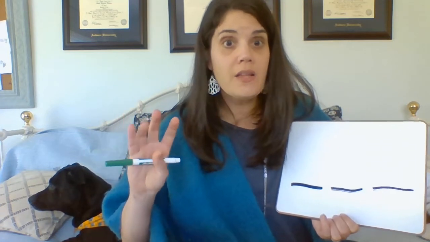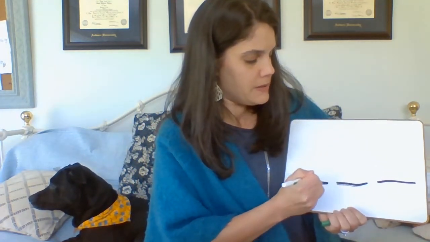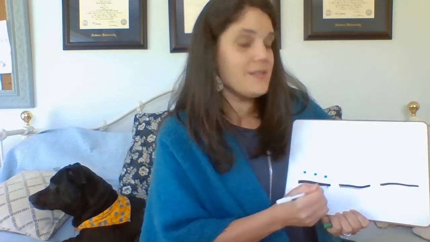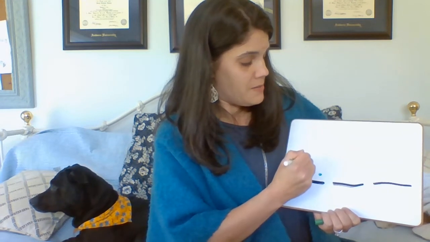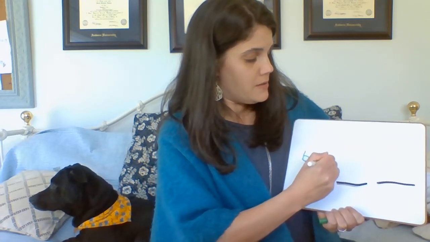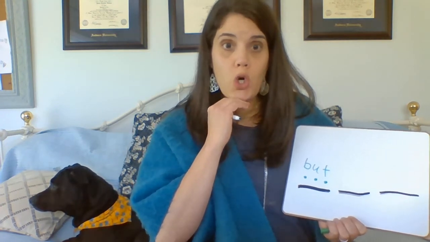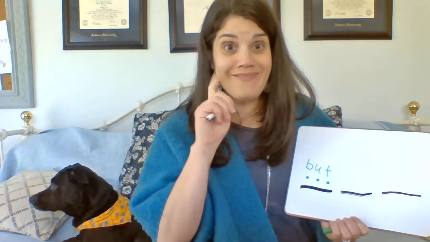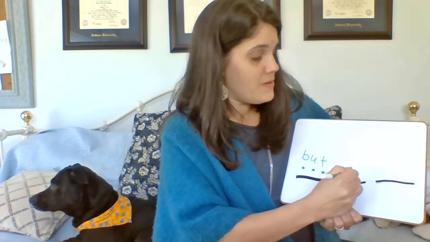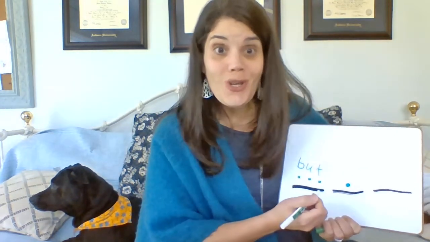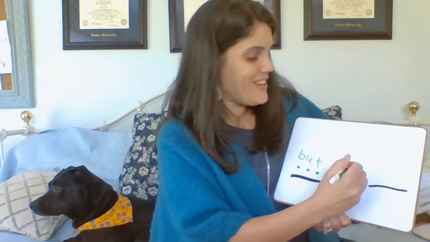But. B, a, t. How many sounds? B, a, t. But. Some of you know the letters that make those sounds. What's my second syllable? Ter is 1 sound. Parents out there know that it's actually 2 letters working together to make that sound, right?